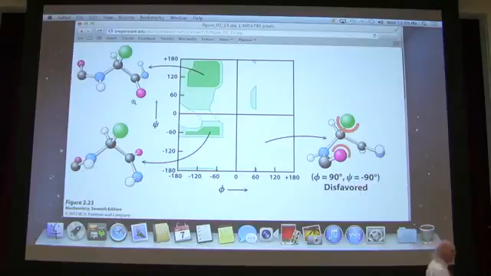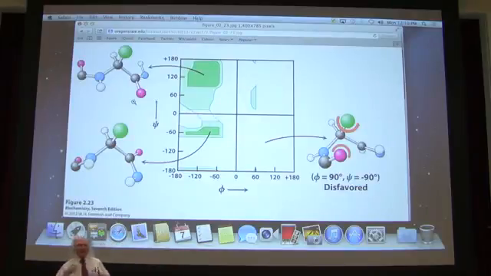Now we're going to see in just a little bit that some of those rotations correspond to very specific structures that are commonly found inside of proteins. Well, that's kind of nice to know, that a theoretical plot matches up with what proteins actually have.